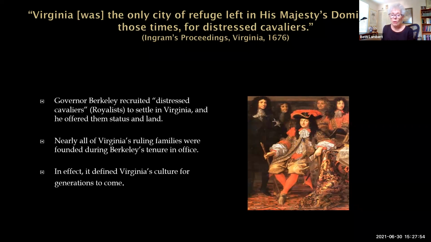And nearly all of Virginia's ruling families were founded at this time, because who came here? Some of these names are going to be familiar. The Washington family came at this time, the Lee family, the Randolph family, and the Fairfax families. All of these are still here, but they all go back to this period in American history and British history.